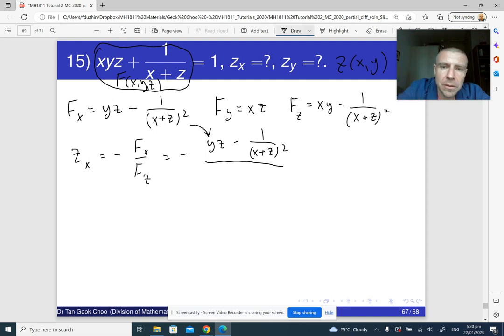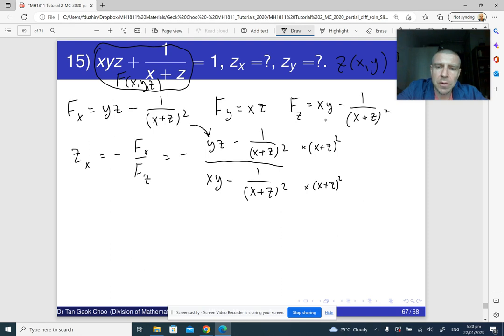So it's going to be xy minus 1 over x plus z squared. And I guess in order to simplify it, we can multiply both numerator and denominator by x plus z squared. Doing that, we will get minus yz times x plus z squared minus 1 divided by xy times x plus z squared minus 1.